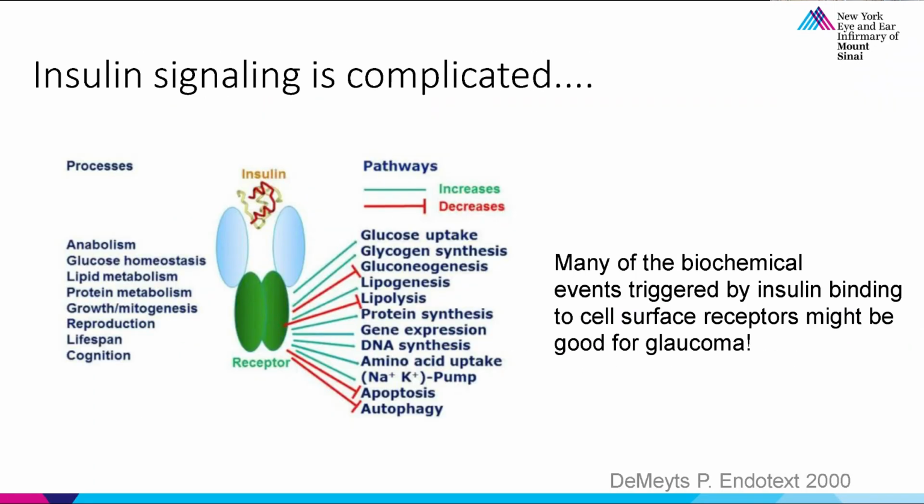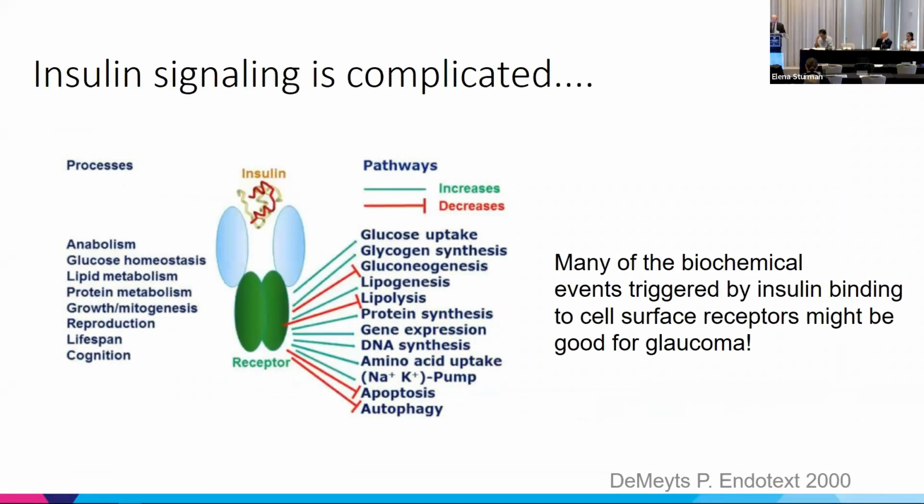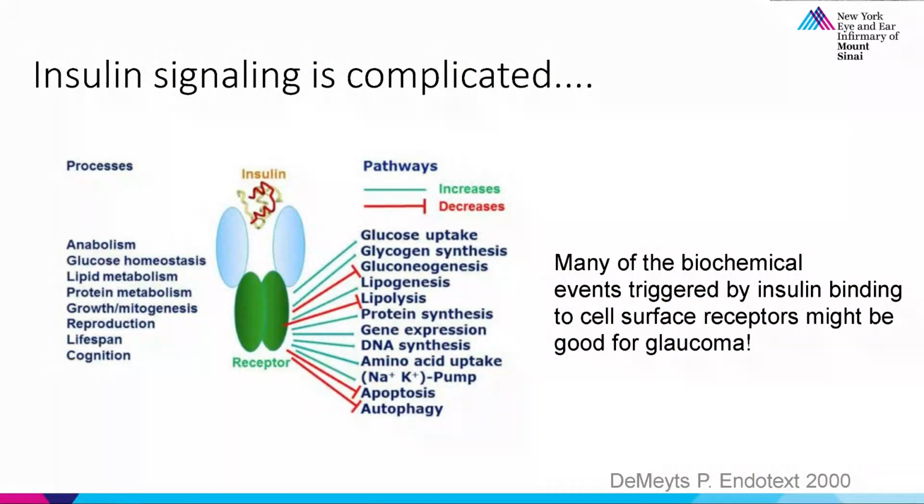When you start talking about insulin signaling, it's really quite complex. It has to do with many things that transcend glucose uptake, including glycogen synthesis, gluconeogenesis, lipogenesis, and we heard in the last session how lipids are important in glaucoma. We just only touch the surface of that subject.